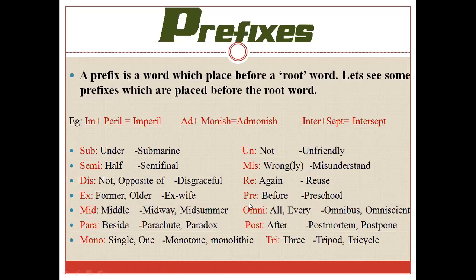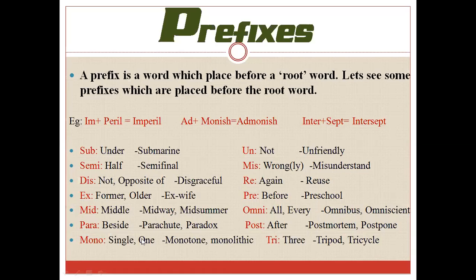And pre means before, so we say preschool. Mid means middle, so midway, midsummer. Omni we all know, omni means all, every. So whenever you are adding it to a word, it is going to give a new word.